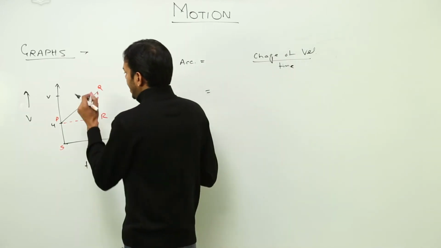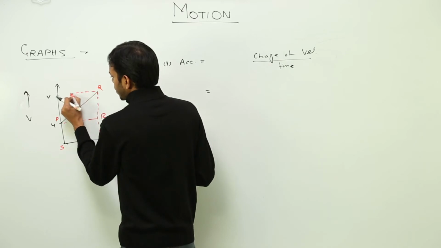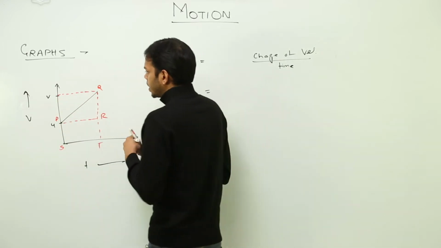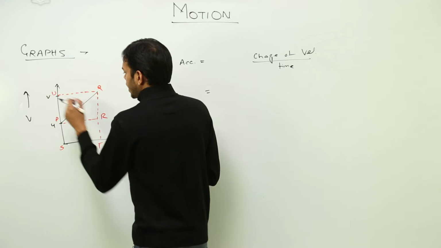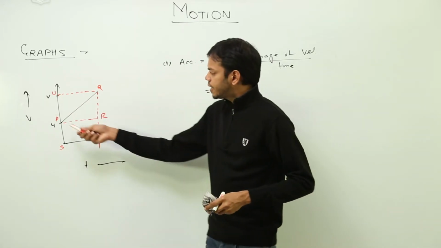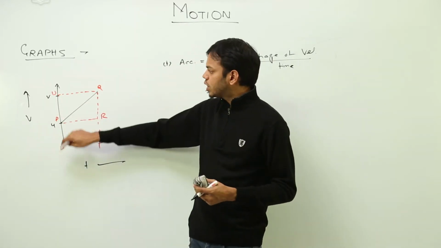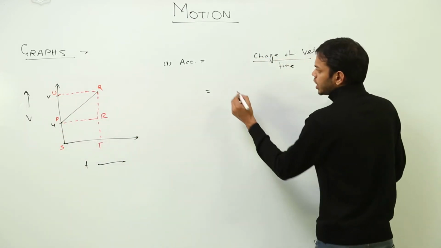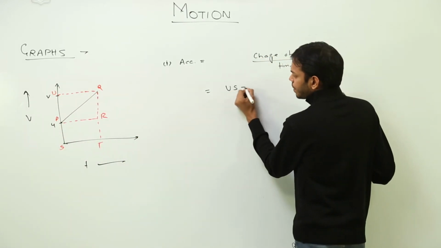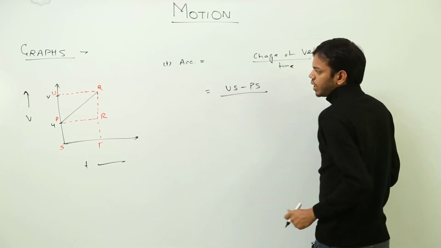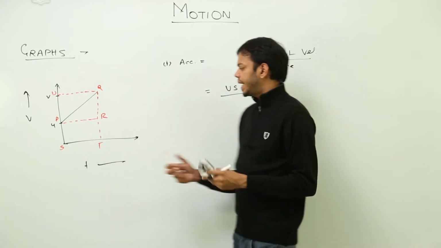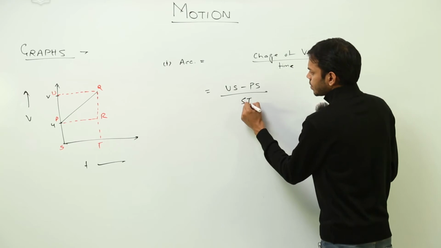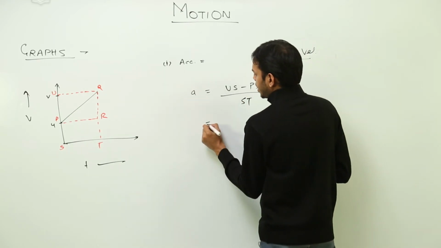Or if you still have this confusion, then let us say this point be U. Initially velocity is PS, but finally velocity is US, the magnitude, right? So change in velocity is US minus PS upon time, which is ST. This is acceleration.